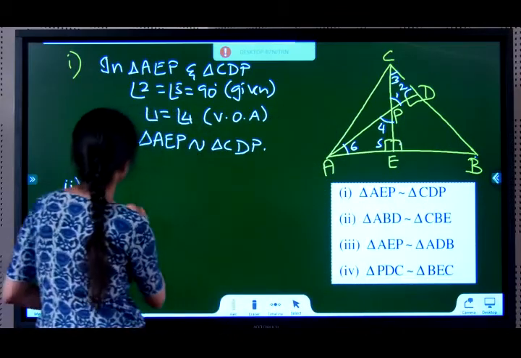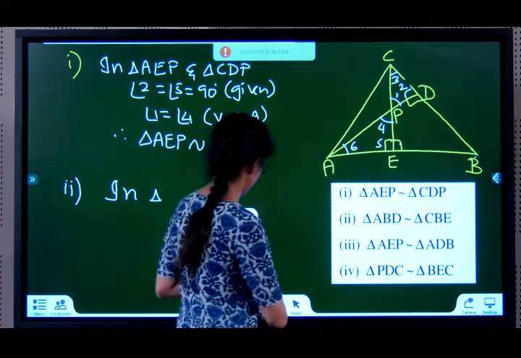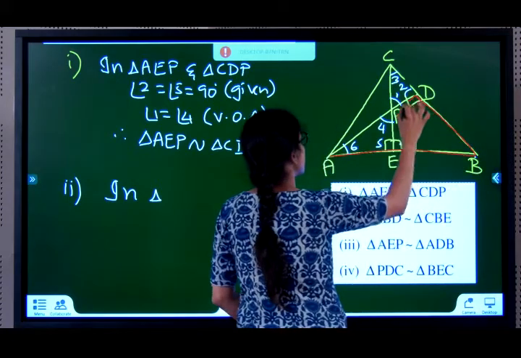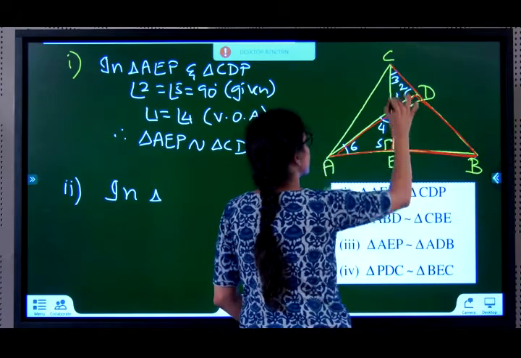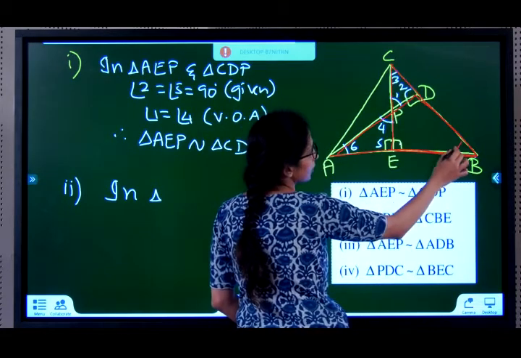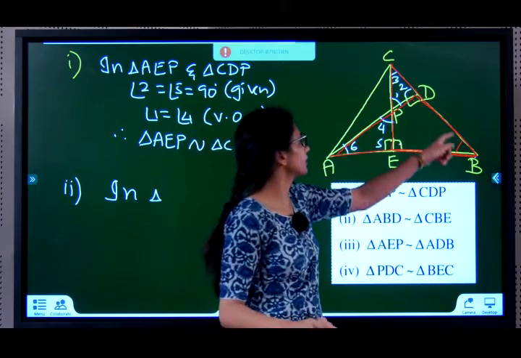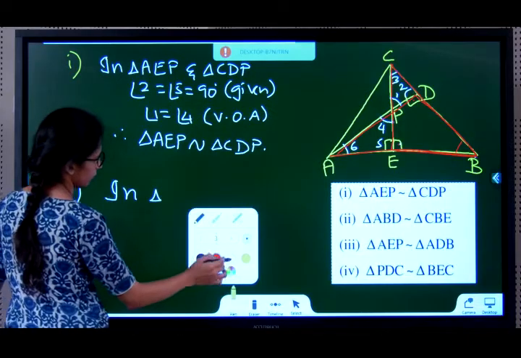See, angle B equals angle B in the triangles. Let me show it again. ABD, CBE. There is angle B common and a 90 and 90. For this triangle this is 90, for this triangle this is 90.